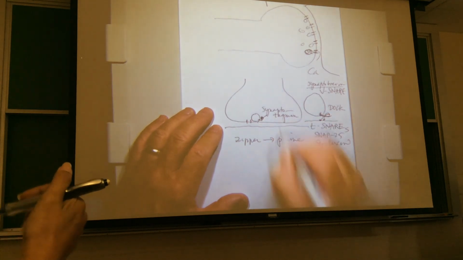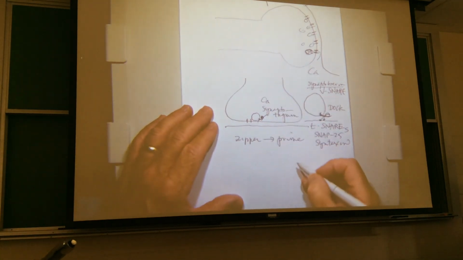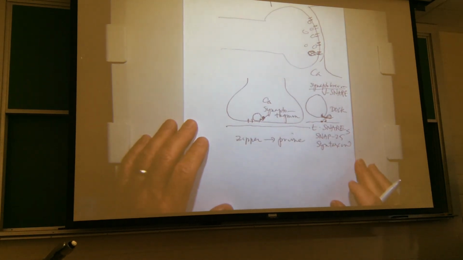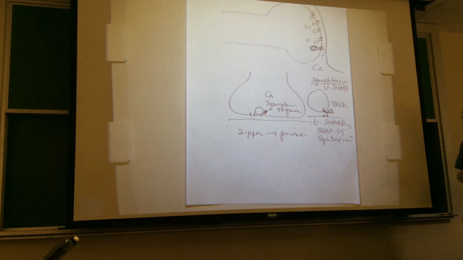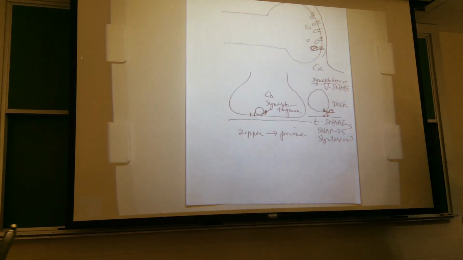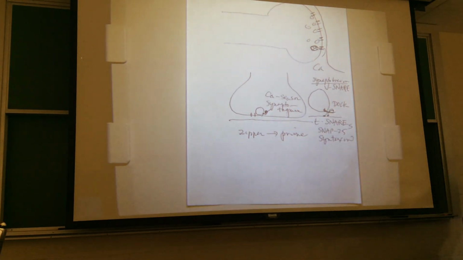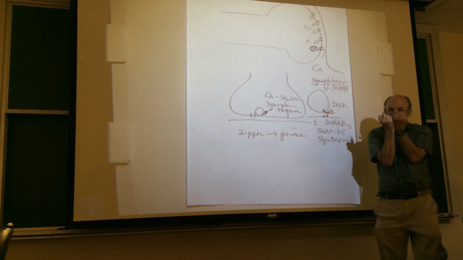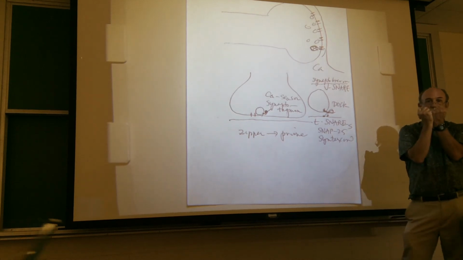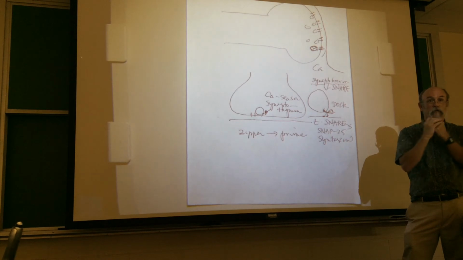So this is the guy that calcium comes in to. So it's putting the brakes on, right? What do you mean it puts the brakes on? When it's bound, the snares are primed, but you don't get fusion. Or do you?